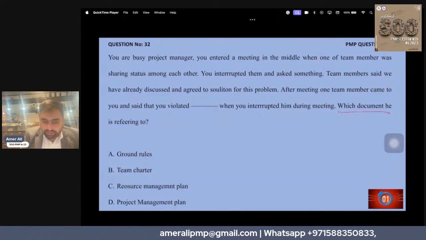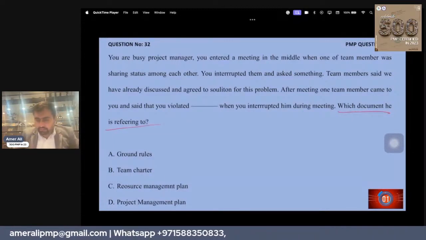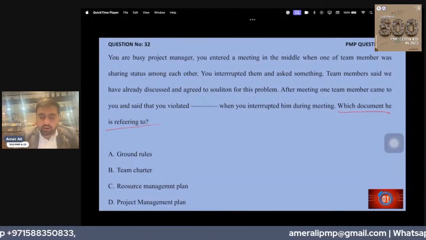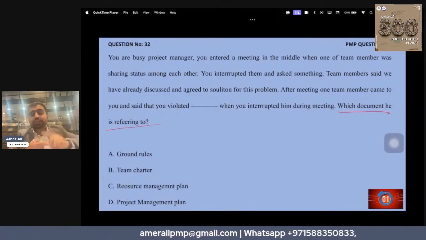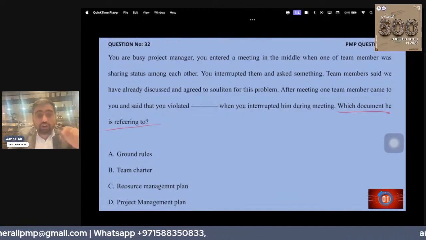Which document is he referring to? You are a busy project manager. You entered a meeting in the middle. So this is the same thing. Now he basically interrupted them. Okay, he violated something. Now this is a ground rule. He violated a ground rule.